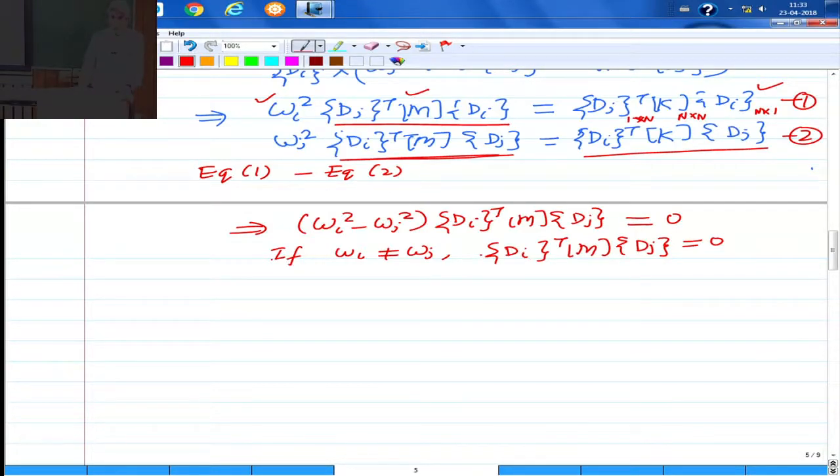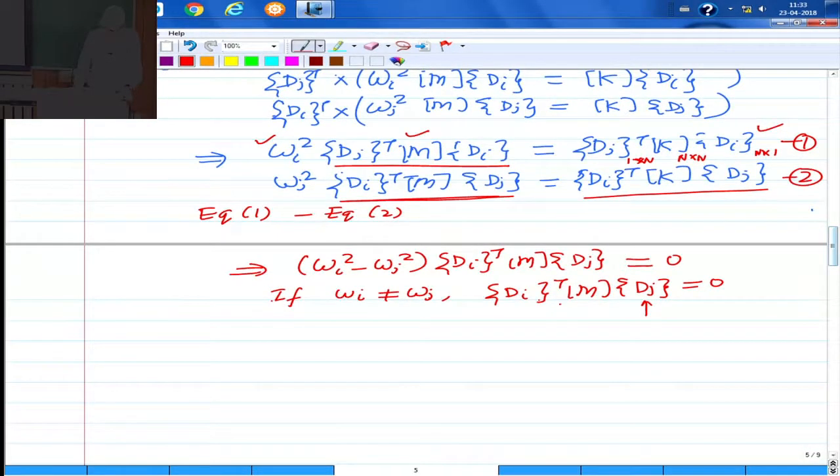This is the same thing we were doing in the conjugate gradient method, where we said that two consecutive search directions must be orthogonal to each other with respect to matrix A. Here in the same way we are saying that the mode shape corresponding to eigenvalue omega i and the mode shape corresponding to eigenvalue omega j are orthogonal with respect to the mass matrix. So di transpose m into dj is equal to 0, and this is orthogonality with respect to the mass matrix.